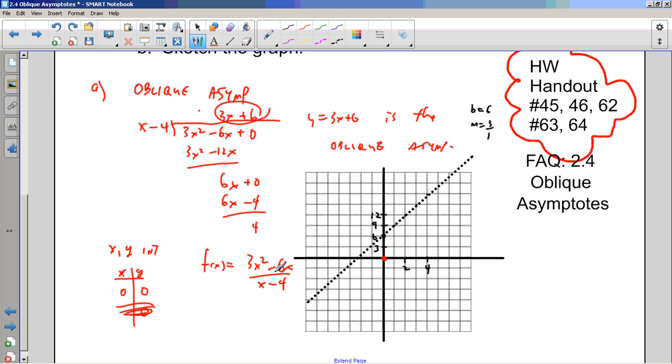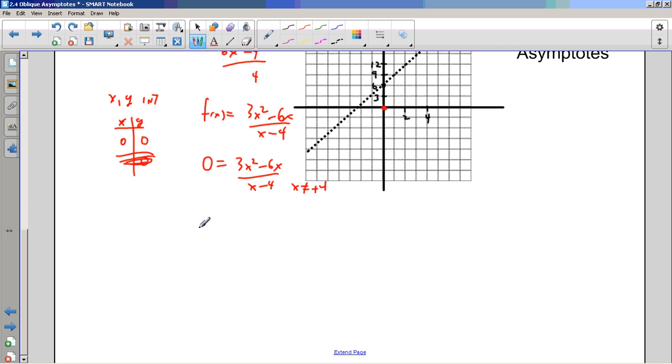But I might get a second spot where y is 0. It's possible for this graph to have more than one x-intercept. So x-intercept is when y is 0. And as long as x is not equal to positive 4, then I can cross multiply and I get this little quadratic equation.